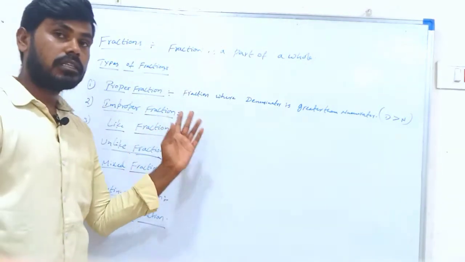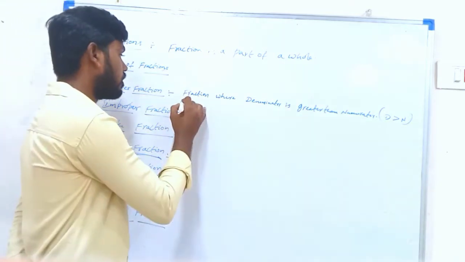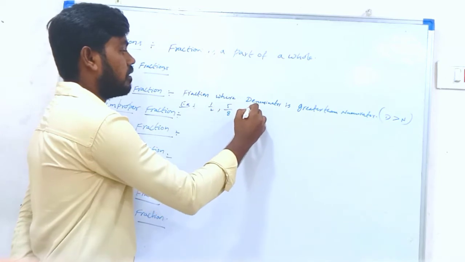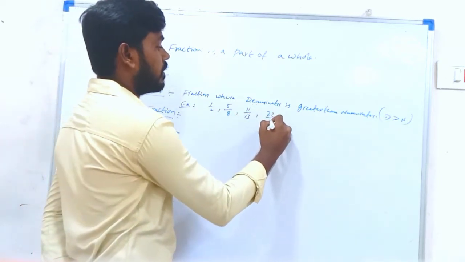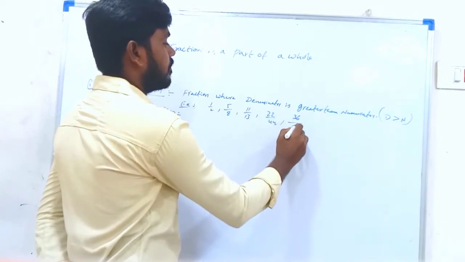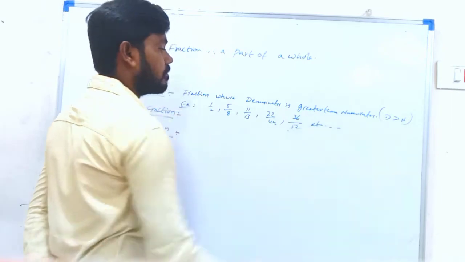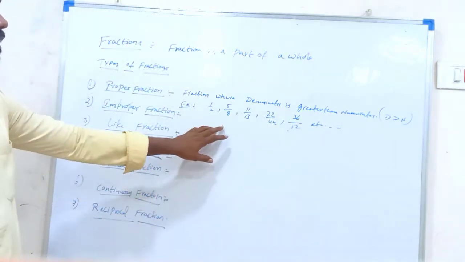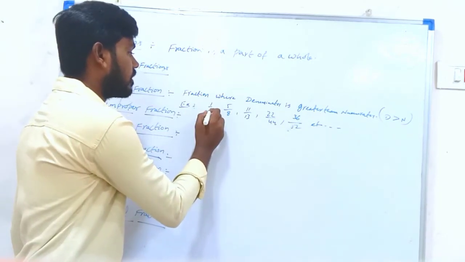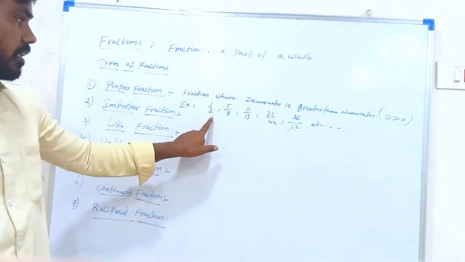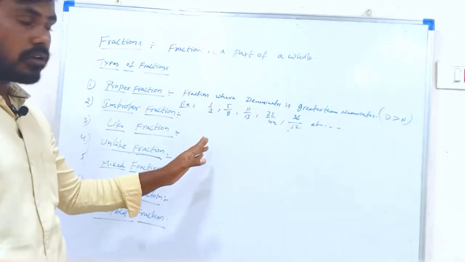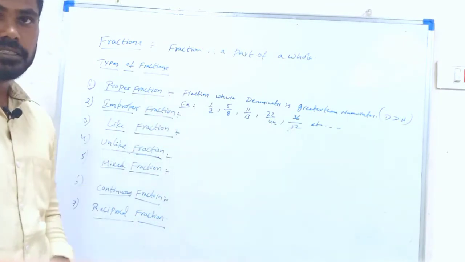So a proper fraction has the denominator greater than the numerator. For example, 1 by 2, 5 by 8, 11 by 13, 22 by 44, 36 by 52, etc. If you observe this, in each fraction the denominator is greater than the numerator. Such kinds of fractions are called proper fractions.